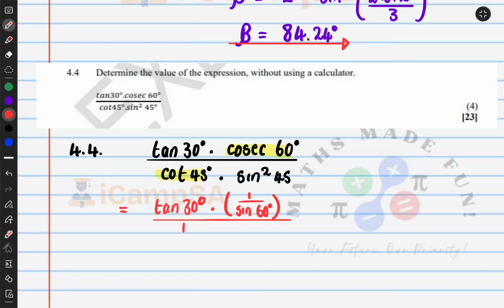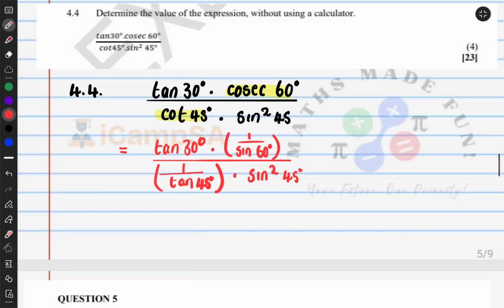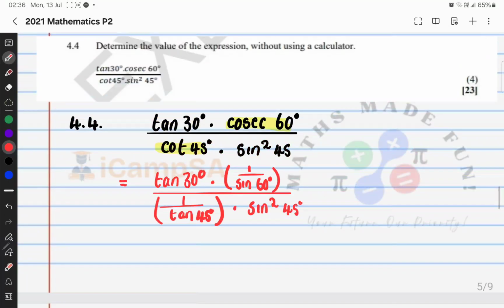The reciprocal of cot is 1 over tan 45 degrees, multiplied by sine squared 45 degrees. Okay, might have to add a page here.